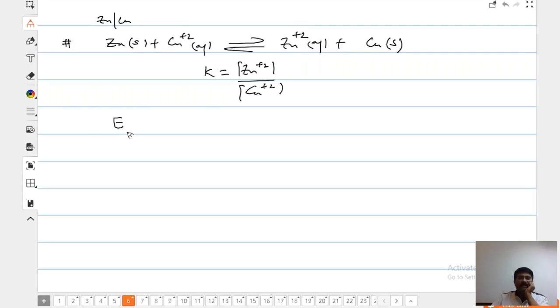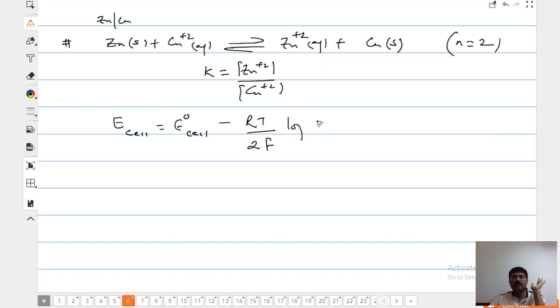So Dipesh, can I write E cell is equal to E naught, where E naught comes from the standard value, right minus left, minus R times T by 2 times F, log of Zn plus 2 by copper plus 2. Correct? This is for the zinc copper cell.